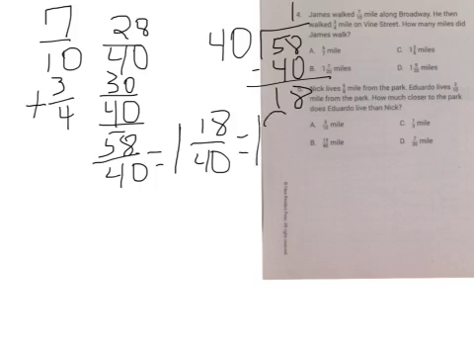It's going to give us a 9. And then 2 will divide into 40 20 times. So that is going to be our answer: 1 and 9/20 miles.